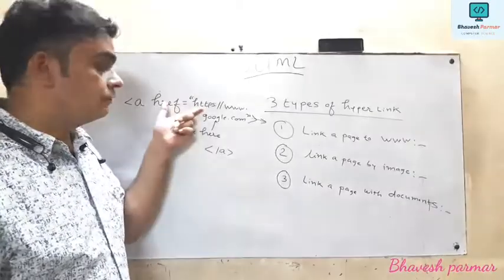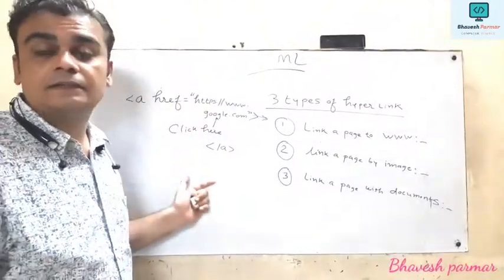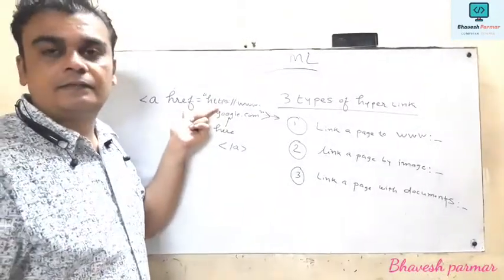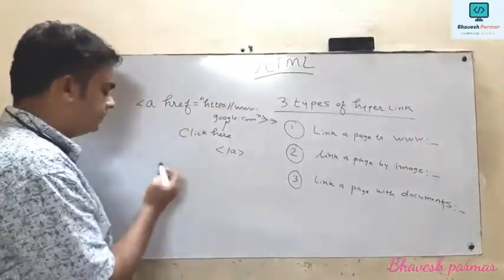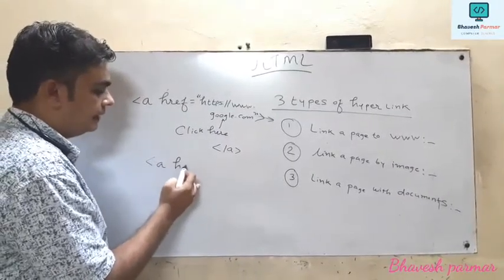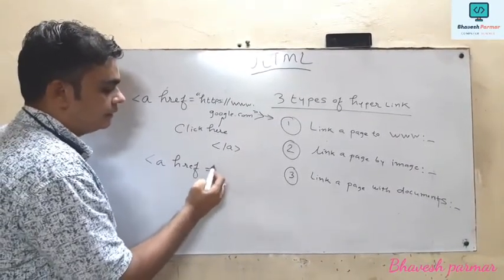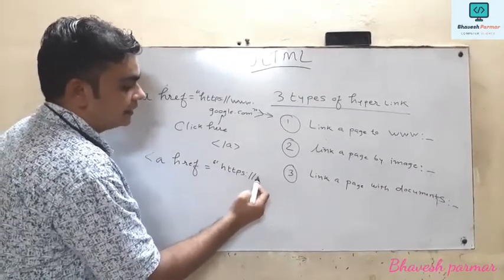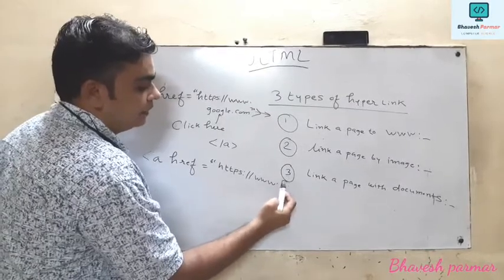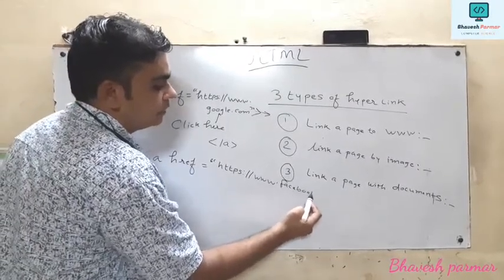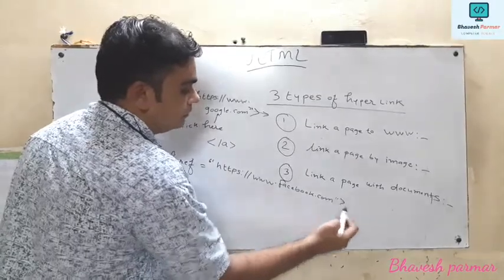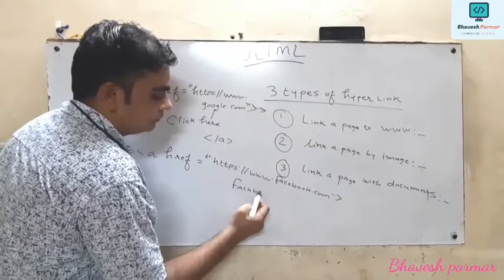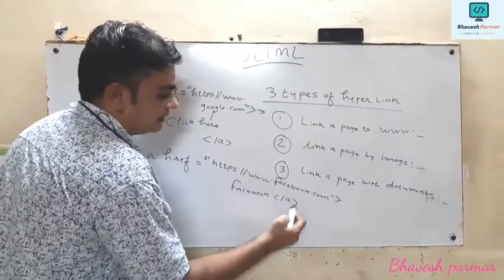In this case, we can also connect multiple websites with our document. Suppose I want to insert another website also, so how can I write? I can write like this: a href is equal to https://www.facebook.com, double quotes complete, and here I am going to write Facebook and /a.